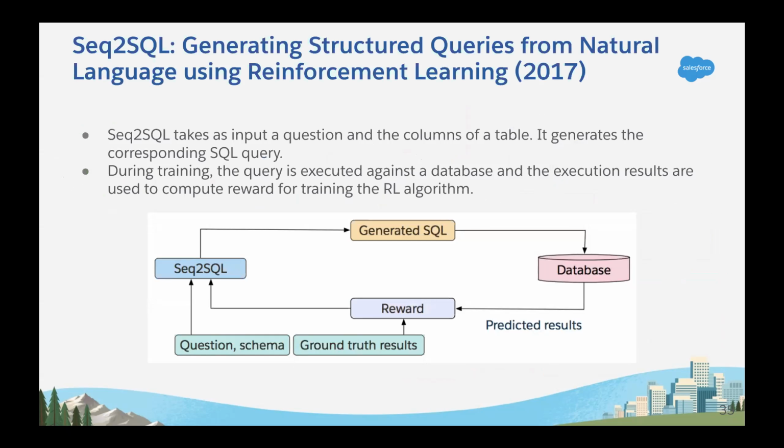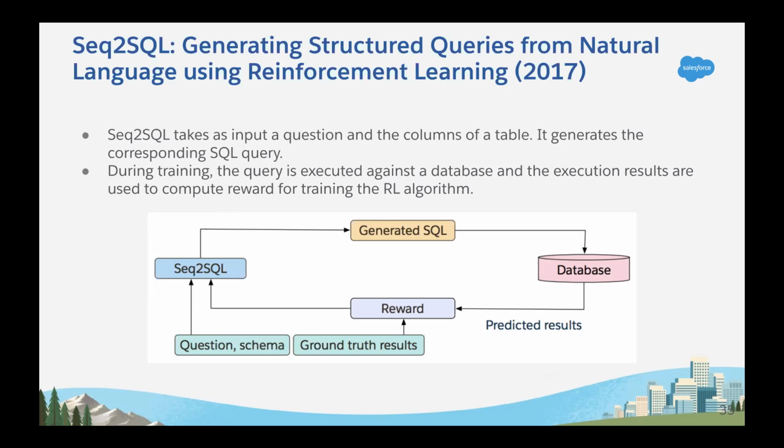So the first one is Seq2SQL, which is generating structured queries from natural language using reinforcement learning, because RL was very popular in 2017. This model takes the question and the columns of the table as input, and uses an augmented pointer network to generate the corresponding SQL query.